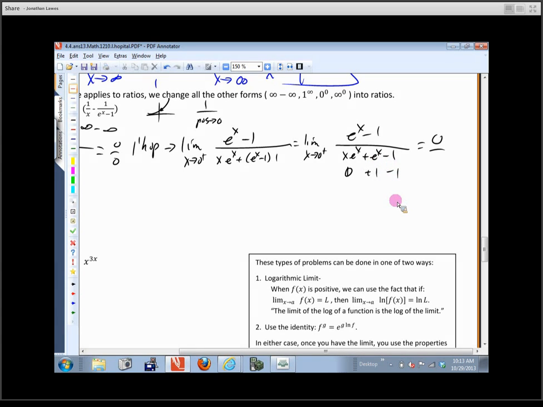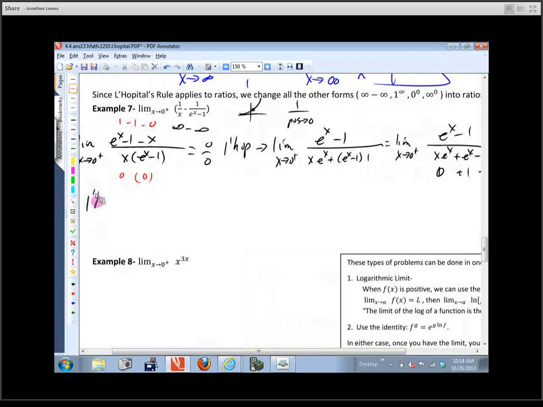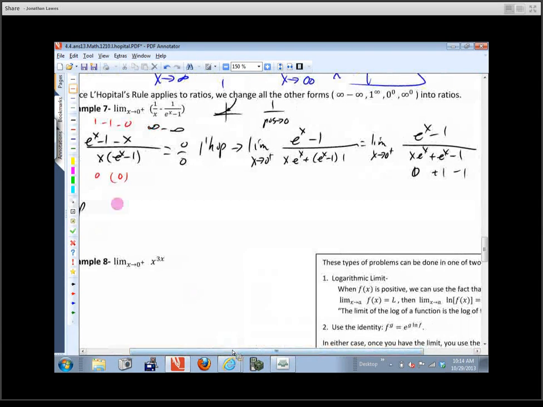So what's the denominator? 0. Denominator is also 0. Did we make any silly mistakes, or did we get this right? We don't want to apply L'Hopital's rule if it doesn't apply. We good? Got the derivative right, evaluated it correctly. So we apply L'Hopital's rule again. Okay, so we'll cite L'Hopital's rule, and here's what we get. Limit as x approaches 0 from the positive side. This is e to the x.